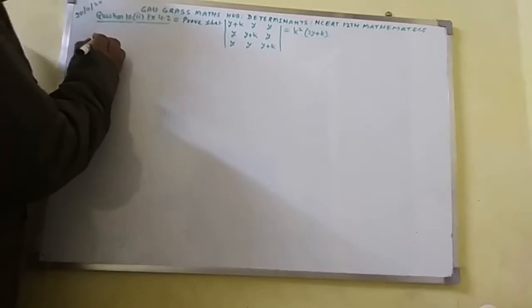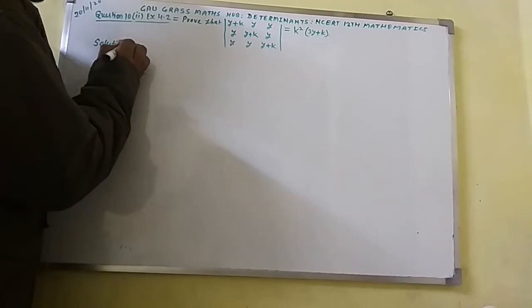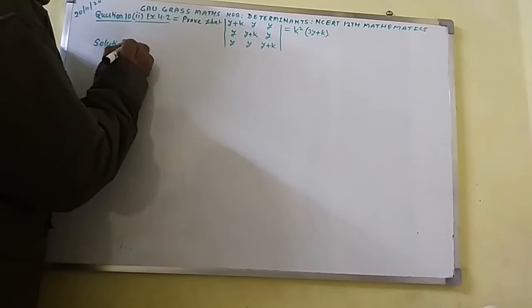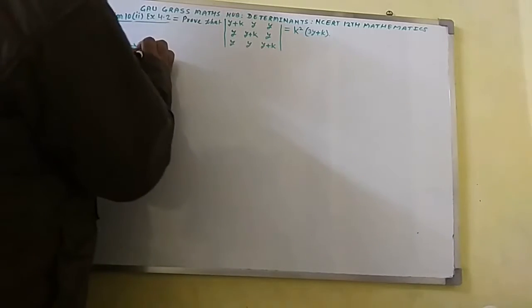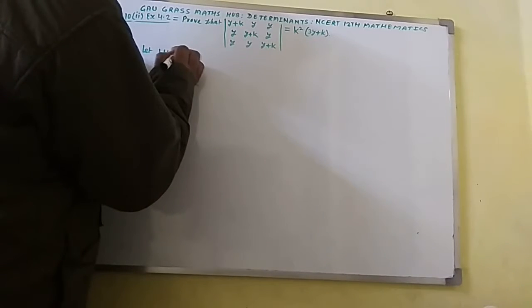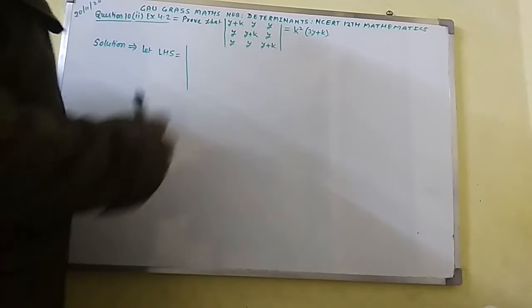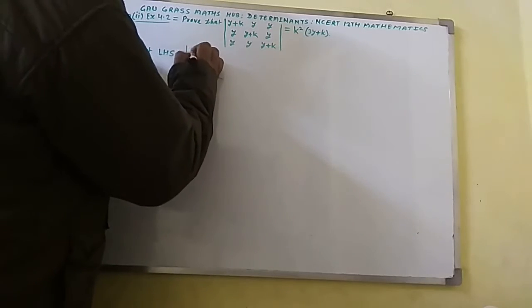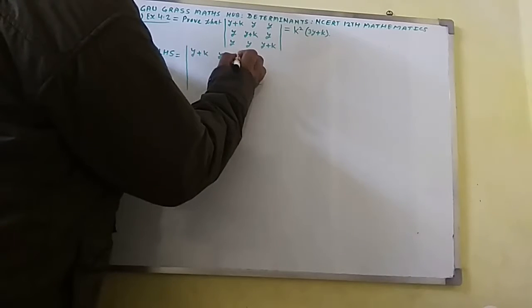Here I shall write the solution. Solution implies that let LHS is equal to the determinant with the elements of first row y plus k, y, y.